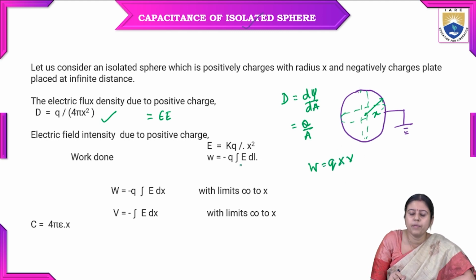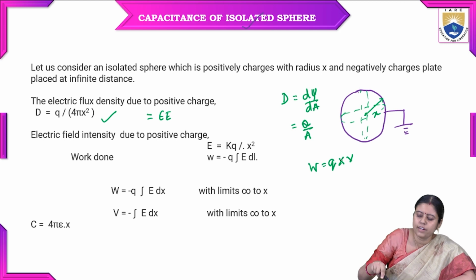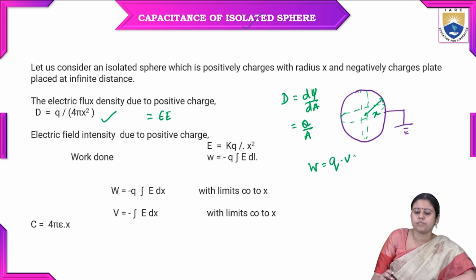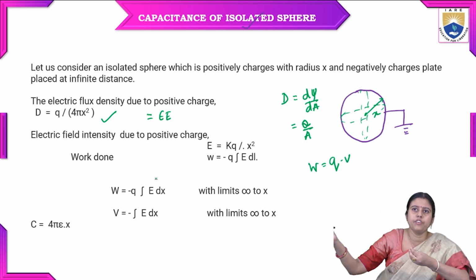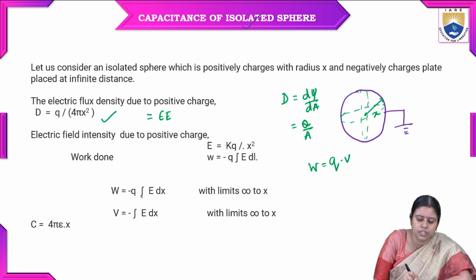So V is nothing but minus integration of E dot dl. So we can write W is equal to minus Q integral of E dx, where the limit is from infinity to x, because we are bringing the charge from infinity position to the x position.